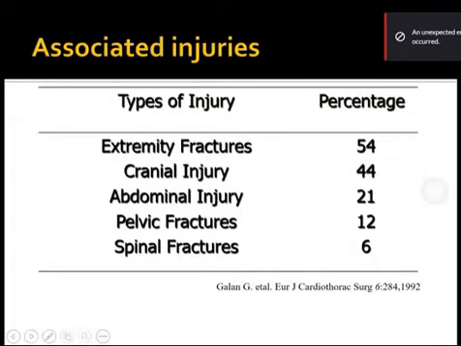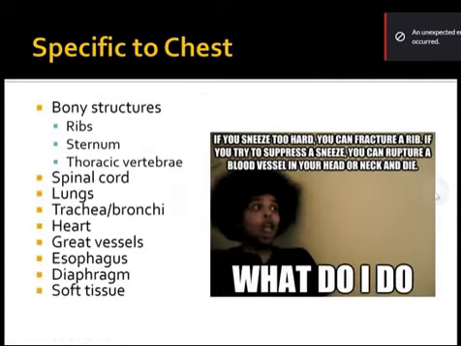Remember that the lower portion of the thoracic cavity houses the liver and the spleen, and even the stomach sits right there. So fracturing those ribs can actually cause bad penetrating injury to the solid organs of the abdominal cavity as well. And then spinal fractures are also related.